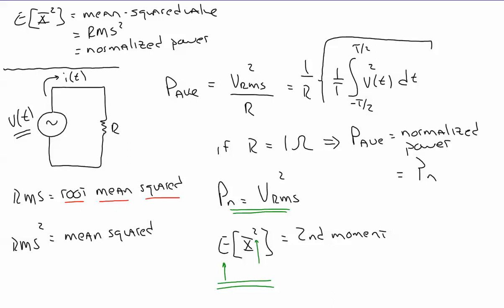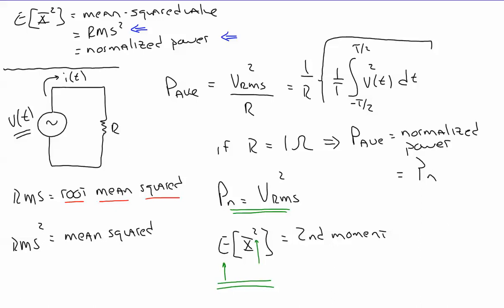It could be a noise voltage that's driving, resulting in power delivered to some load resistance R. So for this reason, my second moment is sometimes known as the RMS value squared, and my mean squared value is sometimes known as the RMS squared value, and by analogy to my circuit example, it's sometimes known as the normalized power.